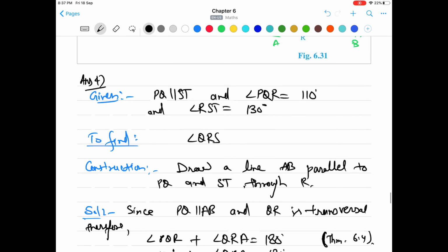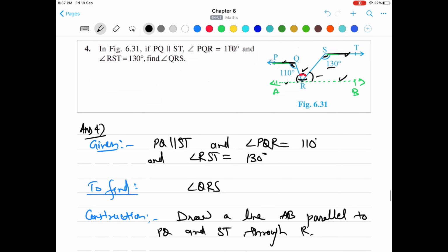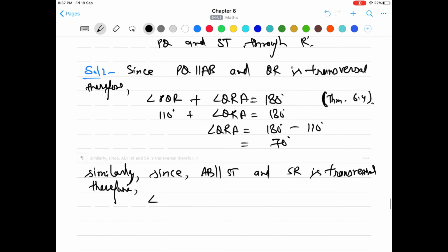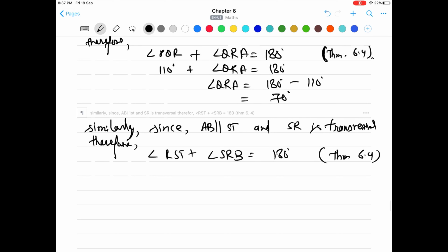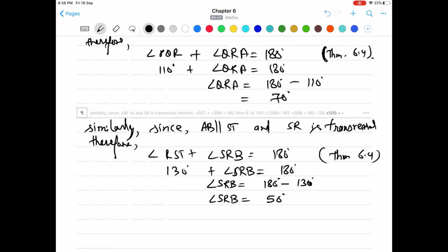That means angle RST plus angle SRB will be equal to 180 degree, again by theorem 6.4. RST is given, which is 130 degree, and SRB we are trying to calculate. So angle SRB will be equal to 180 degree minus 130 degree. So angle SRB will be equal to 50 degree.